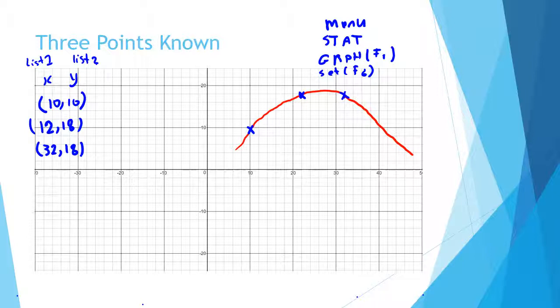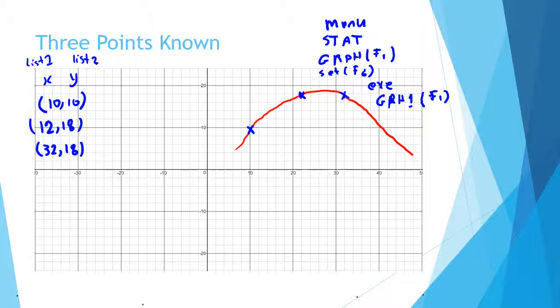Once everything is alright, press EXE, and then press graph 1, which is F1. When you press graph 1, the three points will be plotted here.